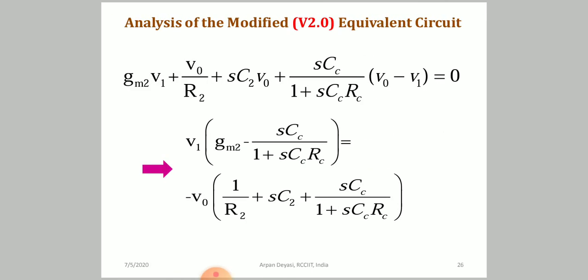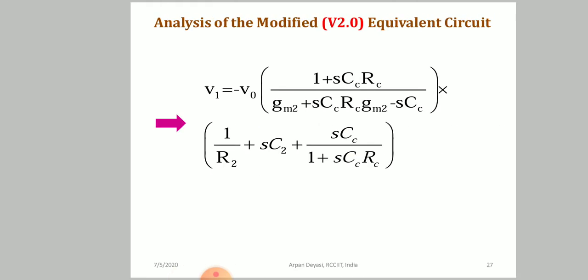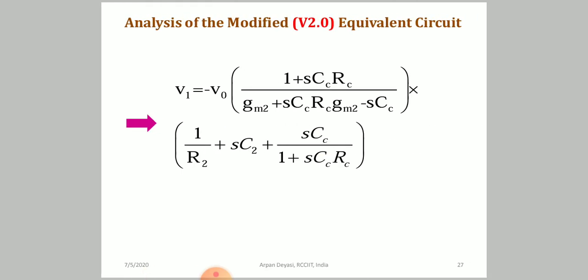Again, the output side equation of the version 2.0 circuit will be bigger compared to version 1.0. Look out for the term SCC by 1 plus SCC RC into V0 minus V1, which we will get in the output circuit. Again, the same procedure: you have to relate V1 and V0, and since it is much more complex, you have to solve it.